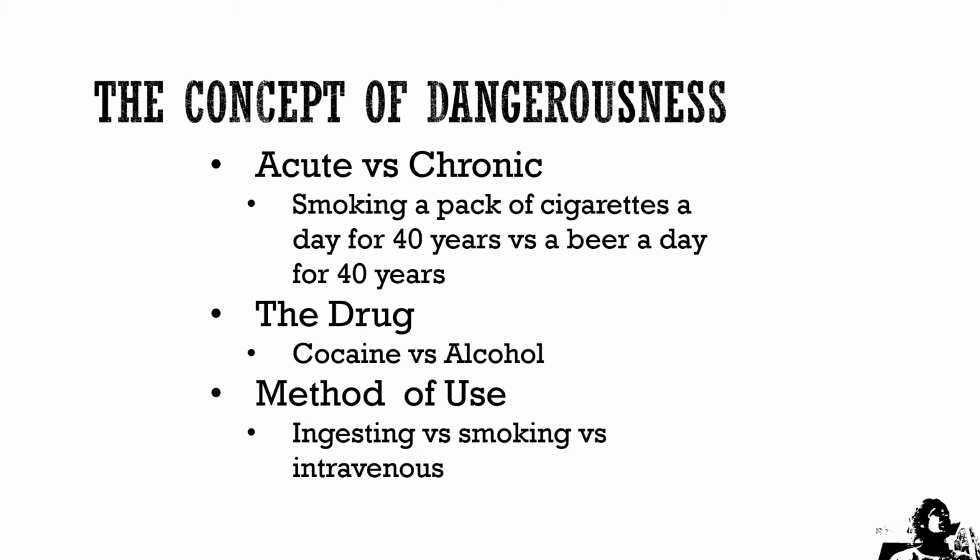For example, there is little acute danger in ingesting a glass of wine, of course, by an adult 21 years or older. However, the acute danger of shooting cocaine is far greater, right? So in the moment, one is far worse than the other. While chronic use of any drug has far greater risk. But for example, the dangers of smoking a pack of cigarettes a day for 40 years far outweigh the dangers of drinking a single beer or a single glass of wine a day for 40 years.